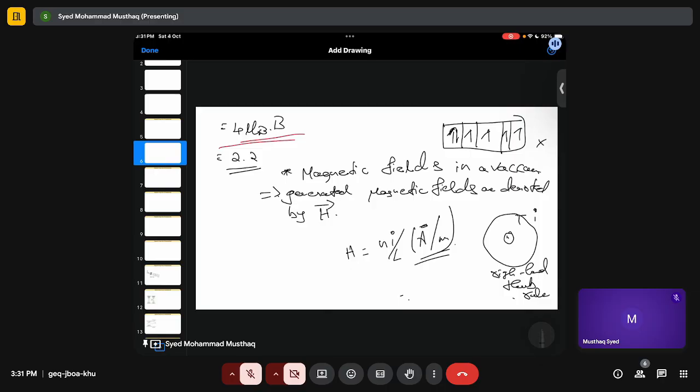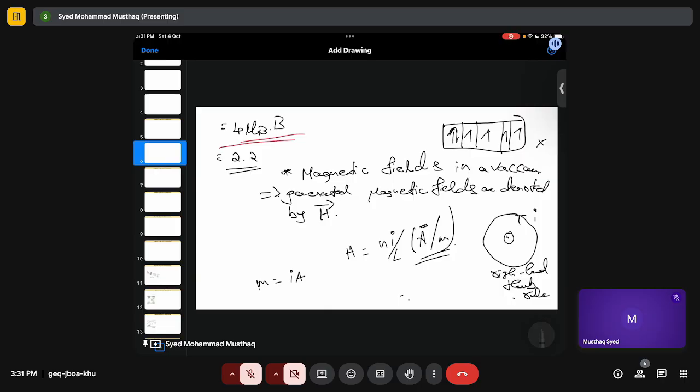Now, the magnetic moment will be given as I into the area of the current carrying loop. Okay. So this is the magnetic moment. This is what we have been deriving from last lecture. In the last lecture also we derived for this current carrying conductor loop, right? What is the magnetic moment from a current carrying loop?